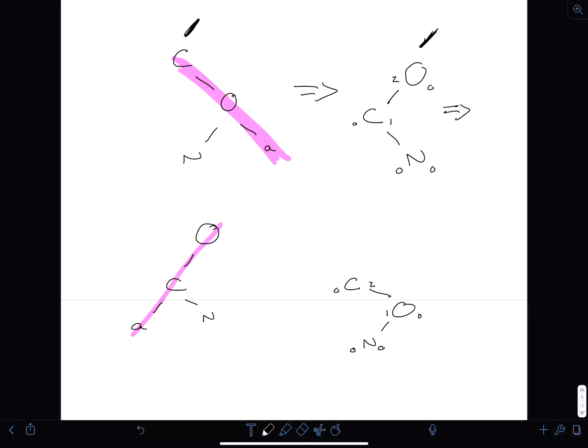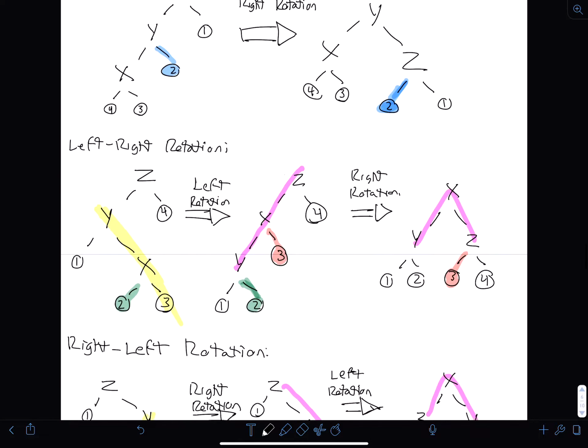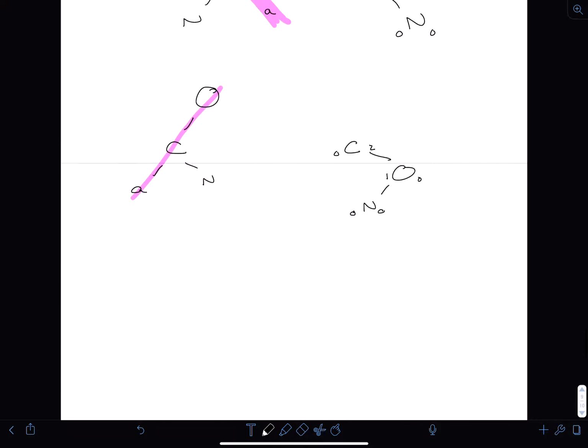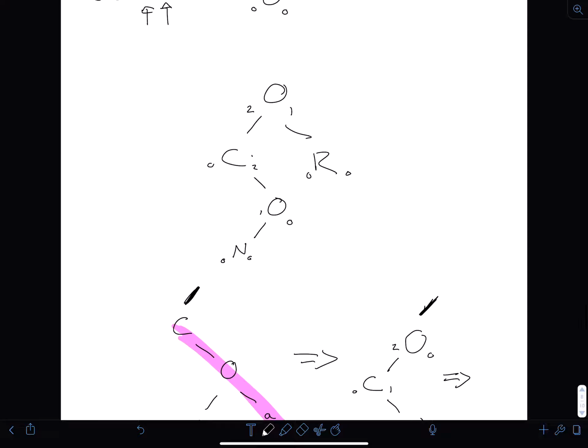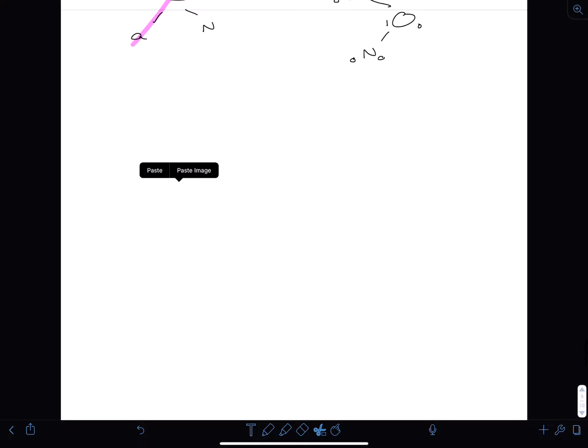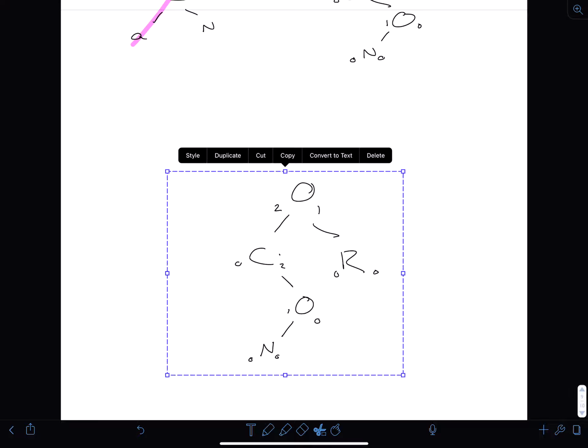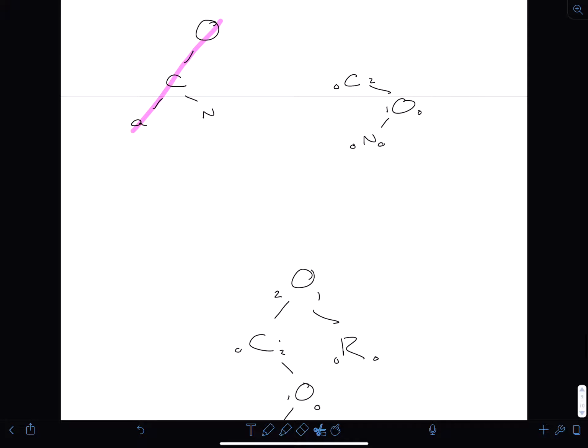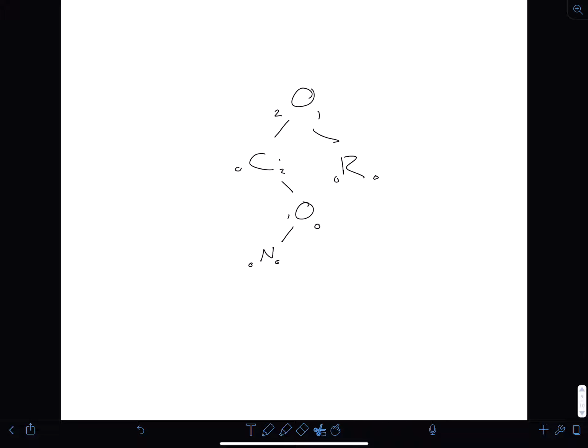So which one do you pick? Well, you have this, so we'll copy this down. And we're back to this, right? Because we double rotated. So we're back to the original one. You have this structure here.